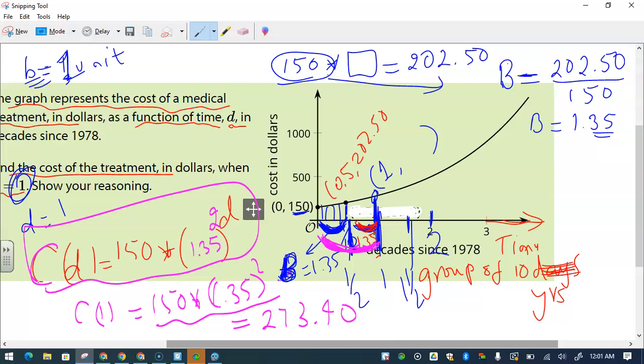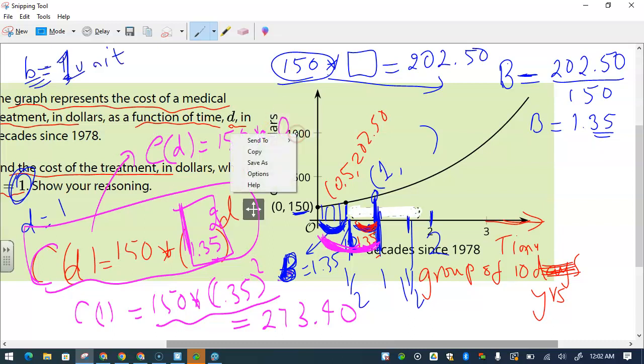There is no divide, there is a 2 here, so the factor is 2. Or this can also be written as cost equals 150 times 1.35 times 1.35. I'm talking about only the pink color part. If you multiply 1.35 by 1.35, you get 1.8225, raised to the decade.